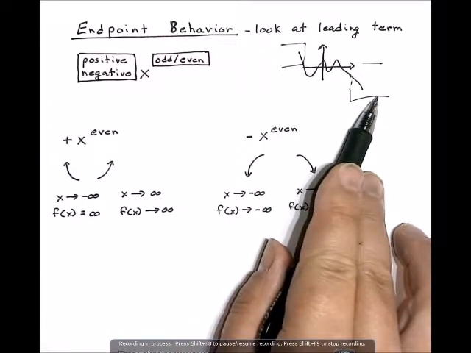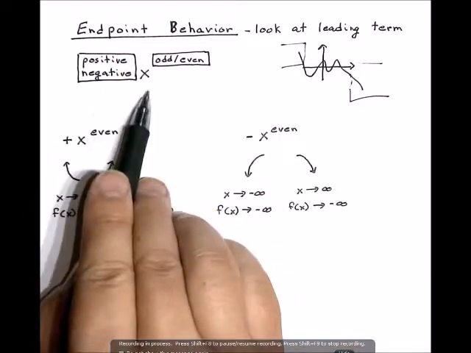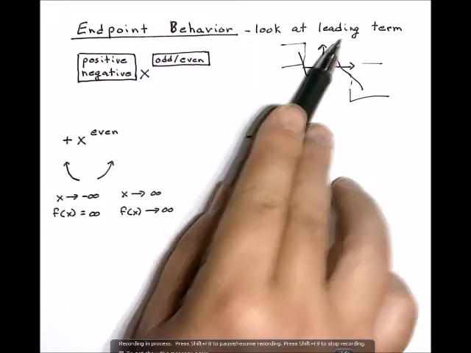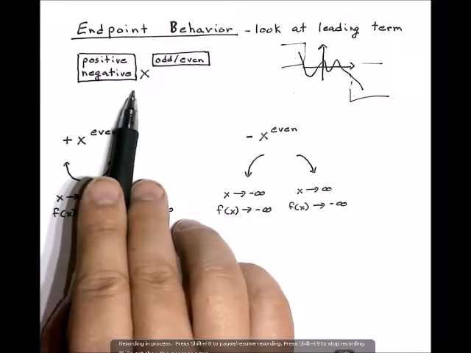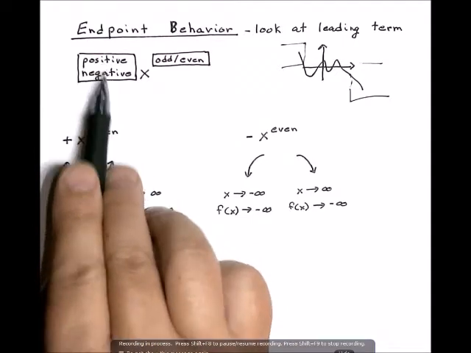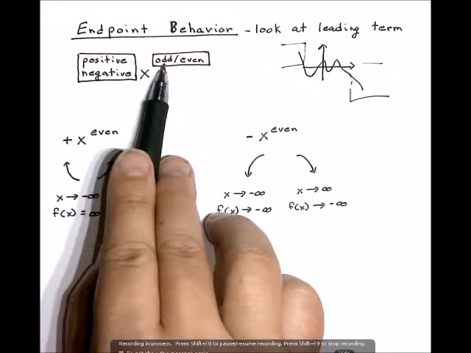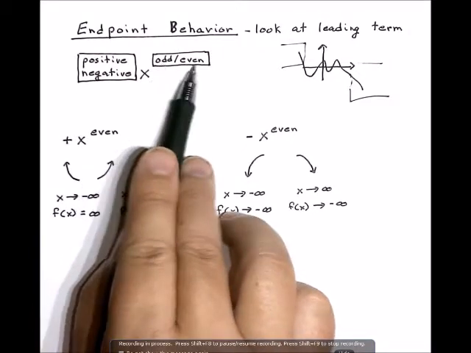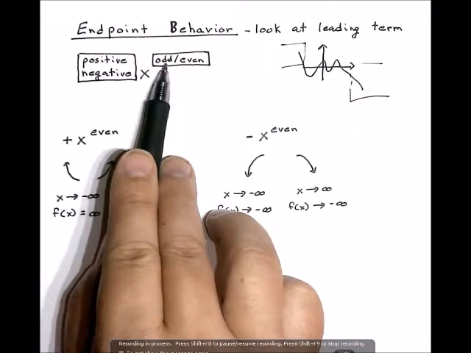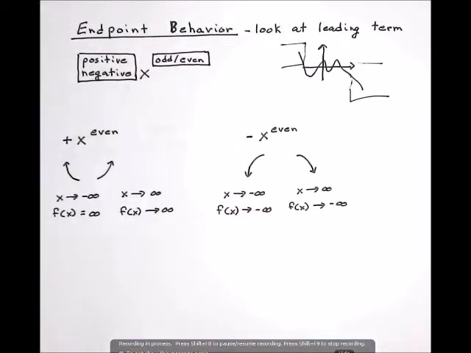And to figure that out, all you're going to look at is the leading term, and you're going to consider two things: whether the leading coefficient is positive or negative, and whether the degree is even or odd. And then you have to memorize 4 things.